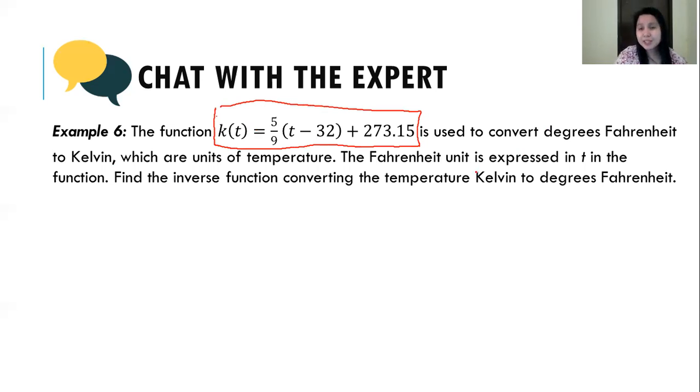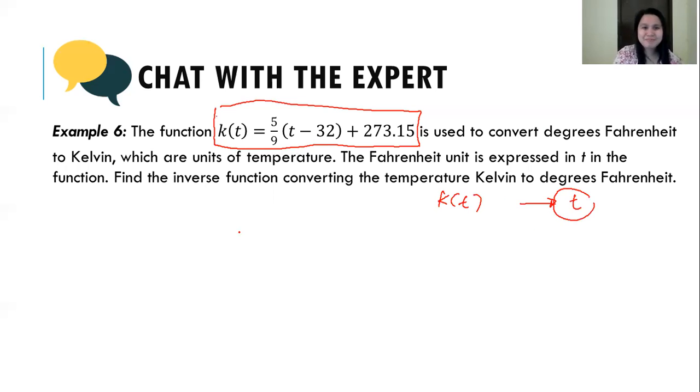The Fahrenheit unit is expressed as t in the function. Find the inverse function, converting the temperature Kelvin to degrees Fahrenheit. You know what's the question? We need to find from k of t to t. We need to derive the formula to make it into t.